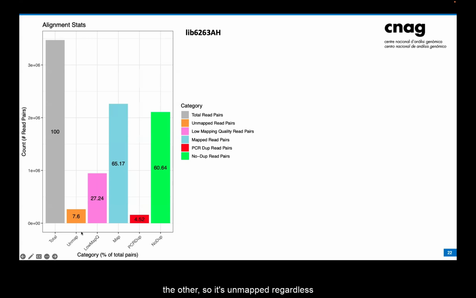So it's mapped read pairs. The low mapping quality is what we consider multi-mappings, because they are below our mapping quality threshold. And what we consider mapped is every alignment of the two reads that is above this mapping quality threshold, that if you remember right, is 40 most of the time.